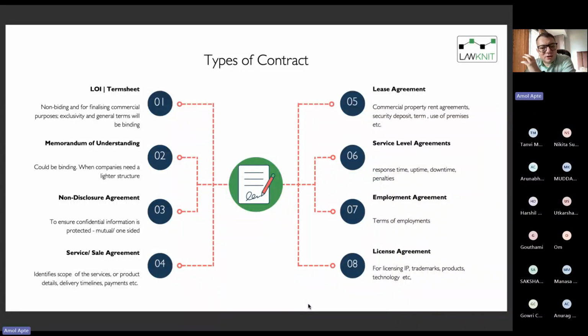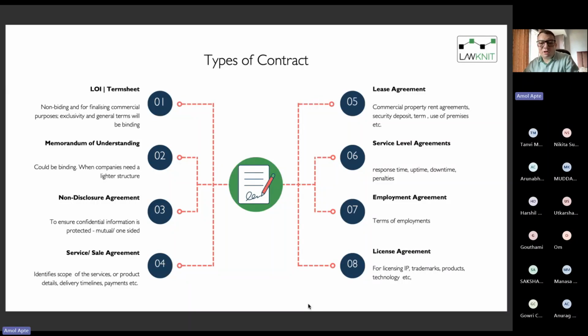Then SLAs, you may have heard the name SLAs quite a few times, which is service level agreements. This typically covers when you have an agreement around, say, I'll take an example of certain software agreements where you actually have sold the software and then also have certain service obligations.